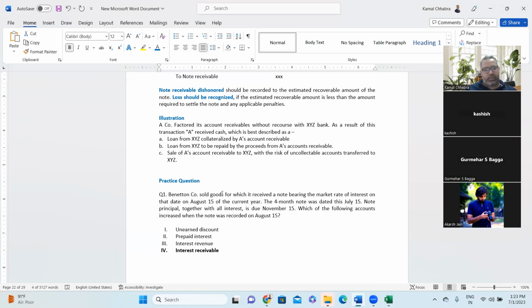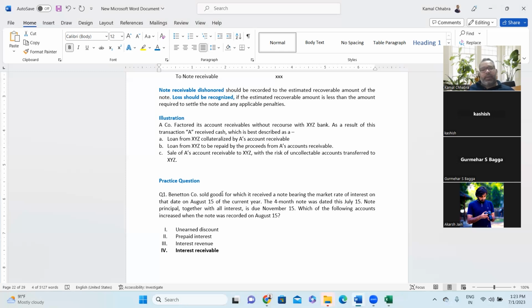First is, okay, A loan from XYZ collateralized by A's account receivable. B is loan from XYZ to be repaid by proceeds of A's account receivable. And C is sales of A's account receivable to XYZ with the risk of uncollectible account transferred to XYZ. Which one is best this time?